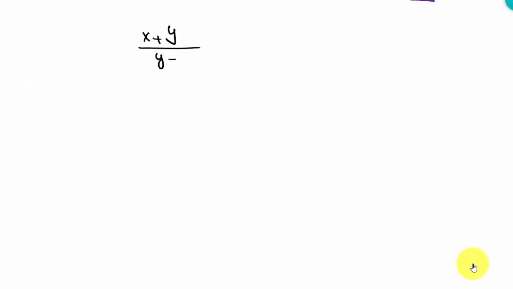Next, let me consider an example of a linear rational system, such as (x + y) divided by (y + 1) is equal to 2 over 3, the first equation, and (-2x + y) divided by (-x + 1) is equal to -3, the second equation.